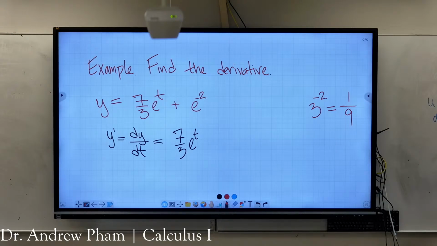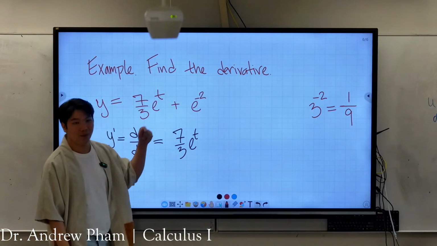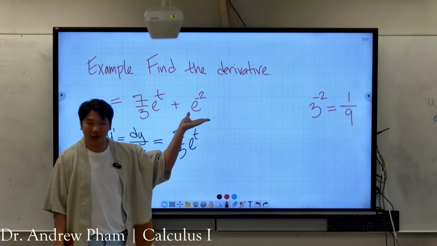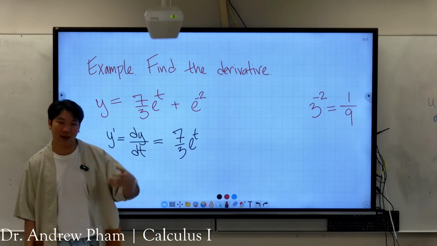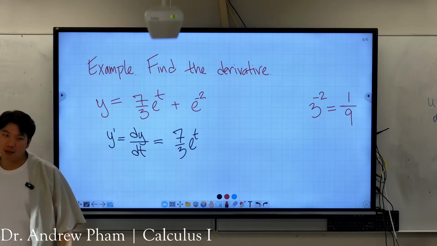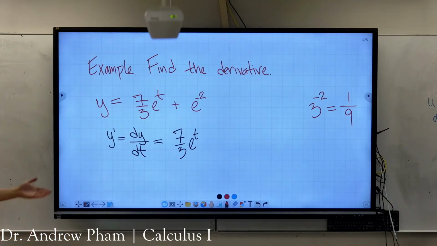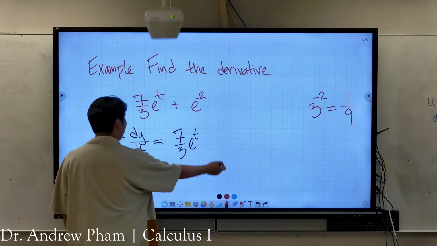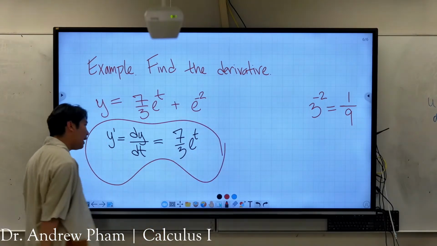There's no other variables on this portion. You can put this into your calculator and it's going to give you a constant. e to the negative second is going to be 1 over e squared. So the derivative of e to the negative second power is 0 because it's just a constant. In the end, it's a number. There were no t's in there. So that means I have my answer.